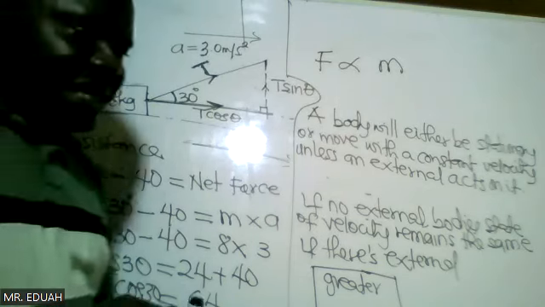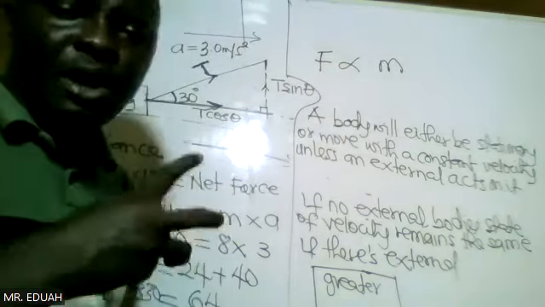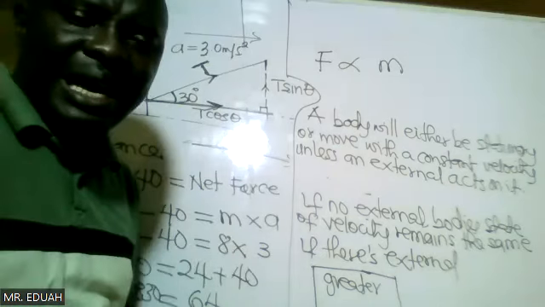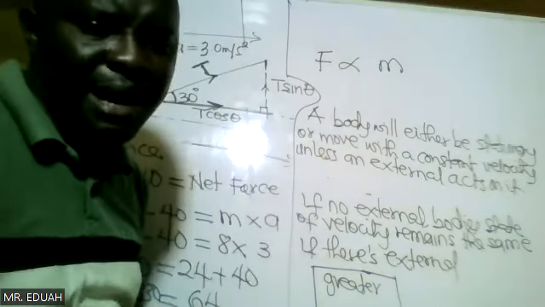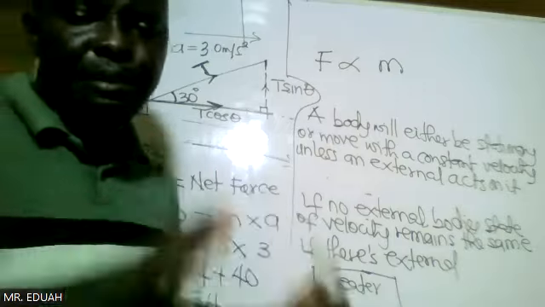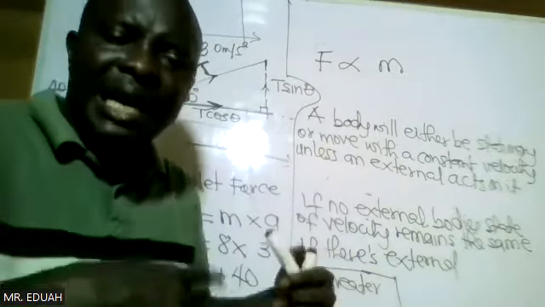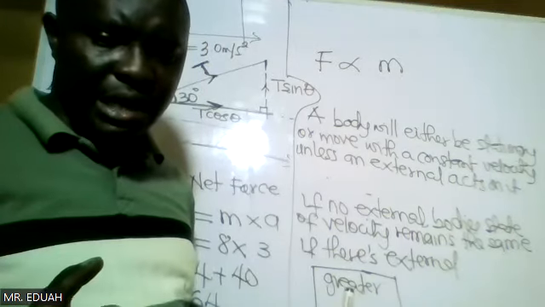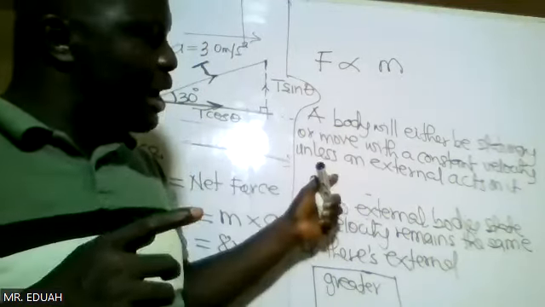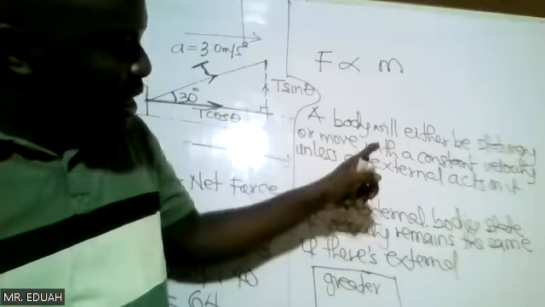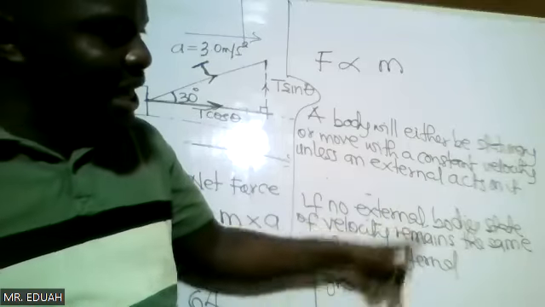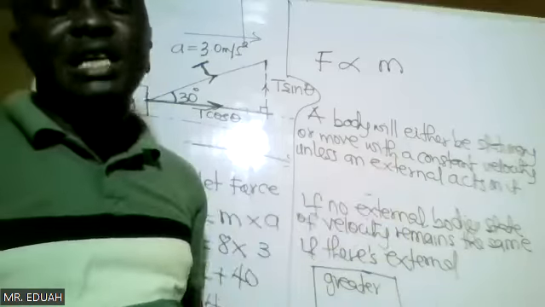And then a measure of a body's inertia is determined by the mass. When a body has a greater mass, it will automatically have a greater inertia. Is that okay? So that is the reason why we relate the law of inertia to the first law.